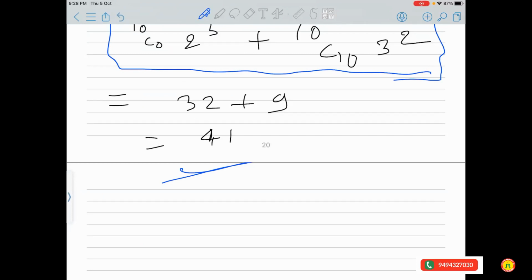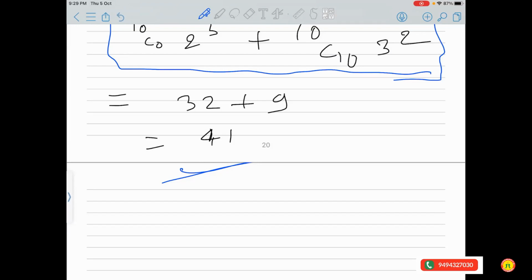Next class I will discuss the remainder theorem and last digit in the expansion of things like 3 power 100, 3 power 400.